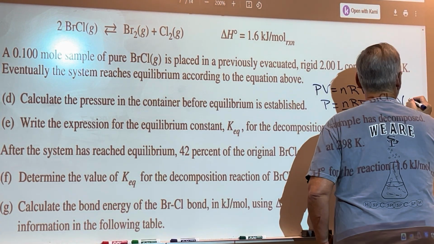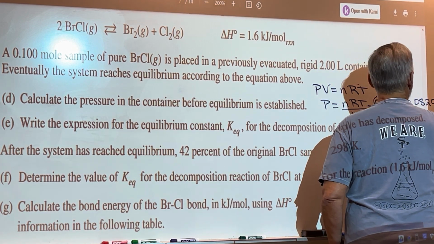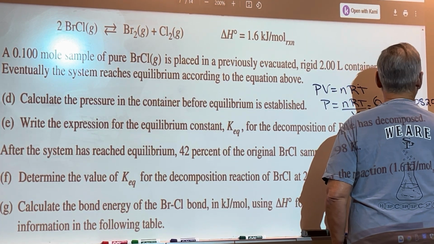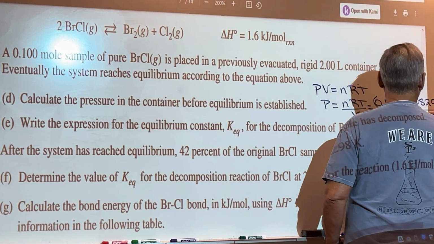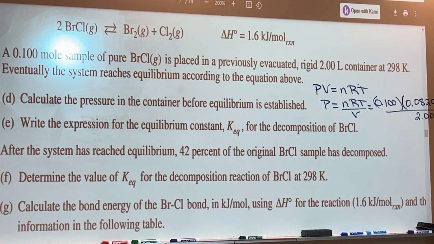So 0.08206 times 298 divided by the volume, which is 2 liters. And everything is 3 sig figs, so we get 3 sig figs. What's my pressure to 3 sig figs in atmospheres? 1.22 atmospheres.